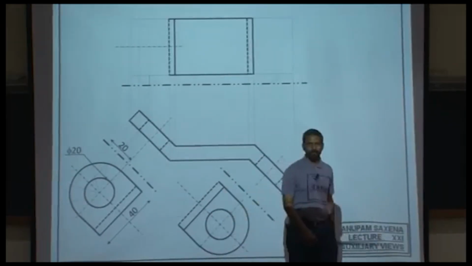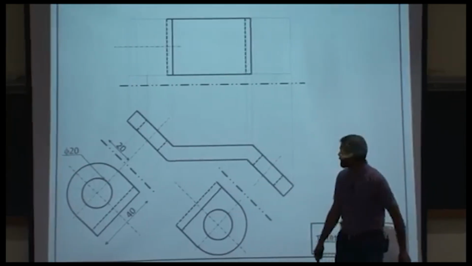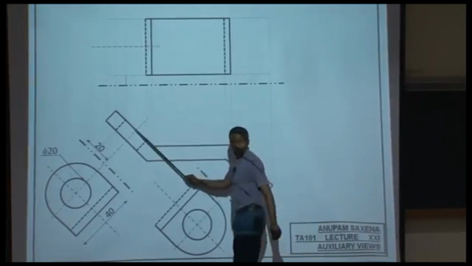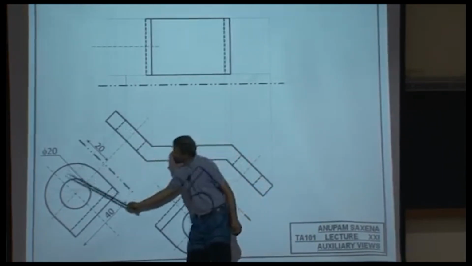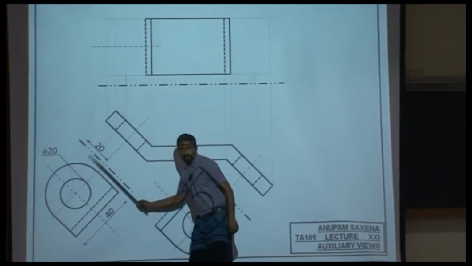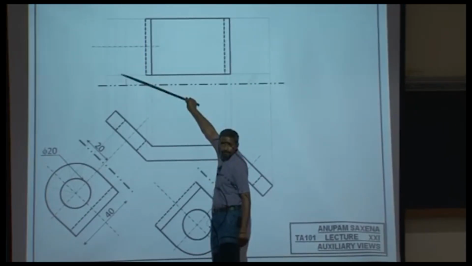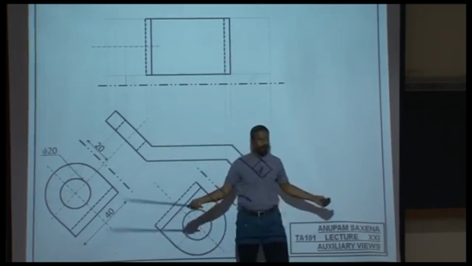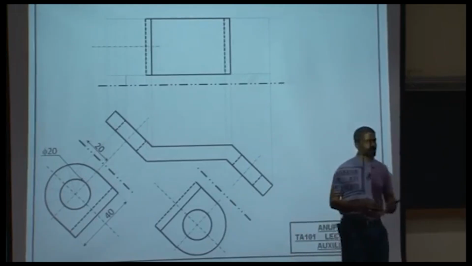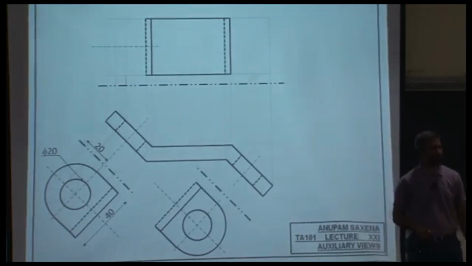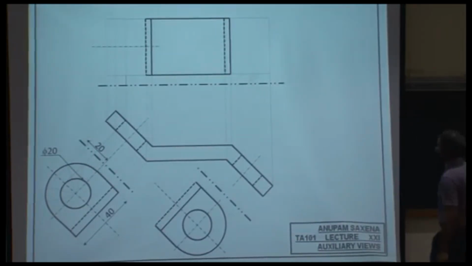Same thing, the concept of auxiliary planes. So this view happens to be the common view. Get the distances from the auxiliary plane and then transfer all of them onto the top view. Straightforward. Clear? So I don't have to speak much.